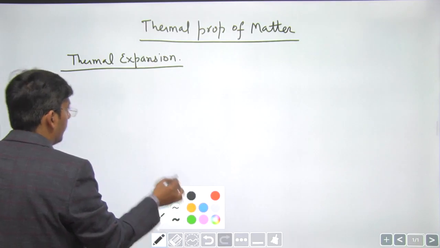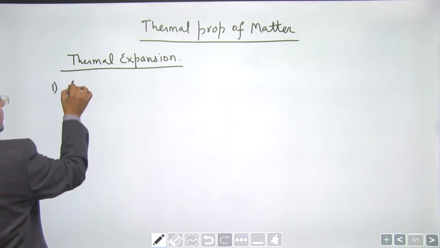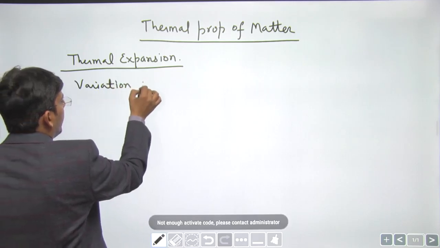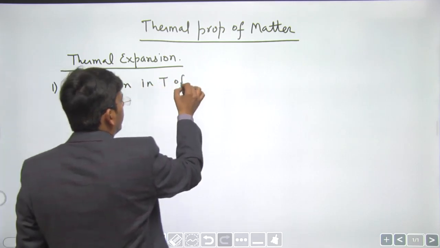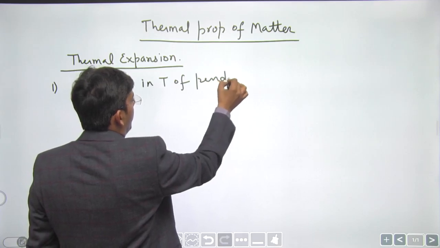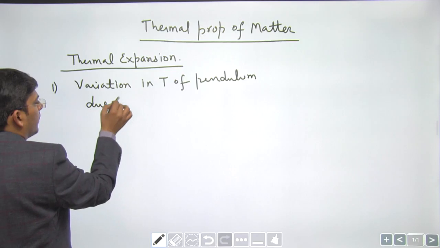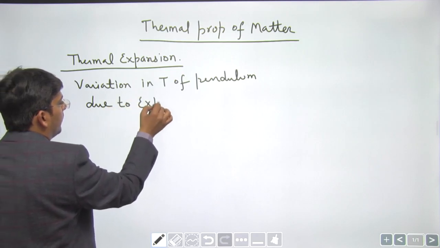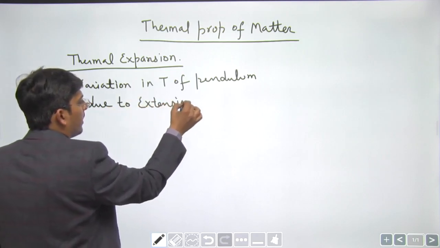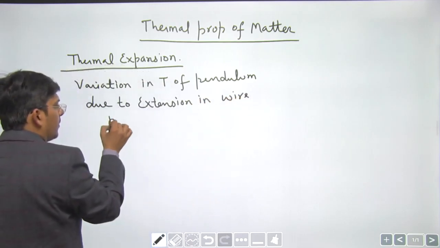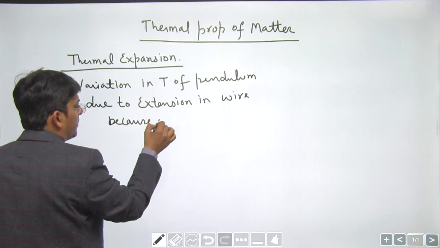Okay, see, so the first question is variation in time period of pendulum due to extension in wire, because of change in temperature. Okay, because of change in temperature, right?